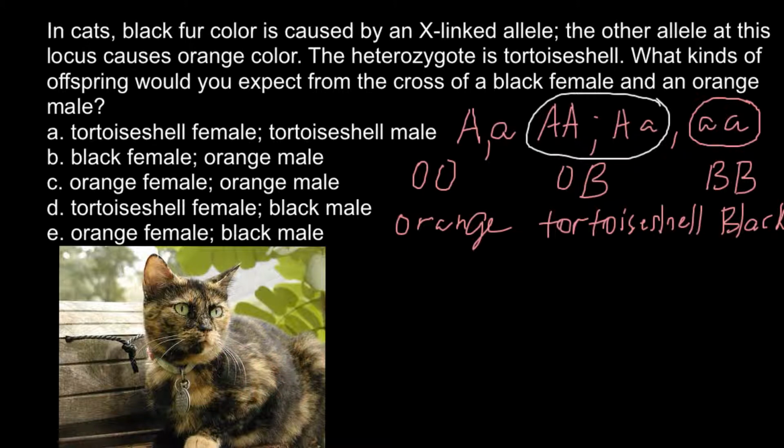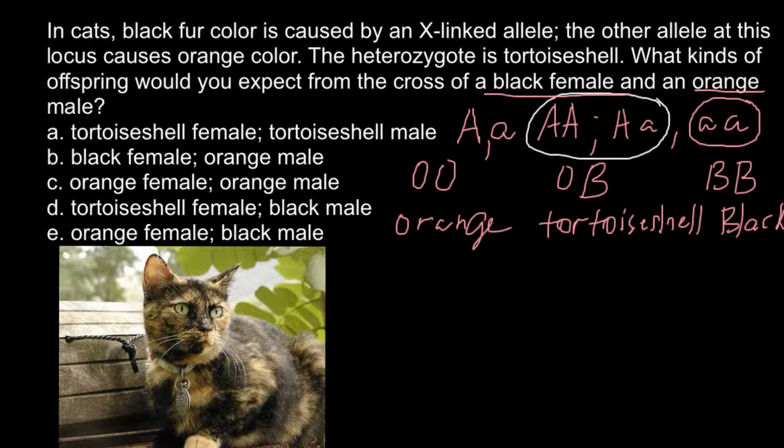So how are we going to solve this problem? Let's look at our problem. We are told that we have a black female and an orange male. Because this is a sex-linked trait, which we also call an X-linked trait, we can find this allele or two alleles on the X chromosome only.